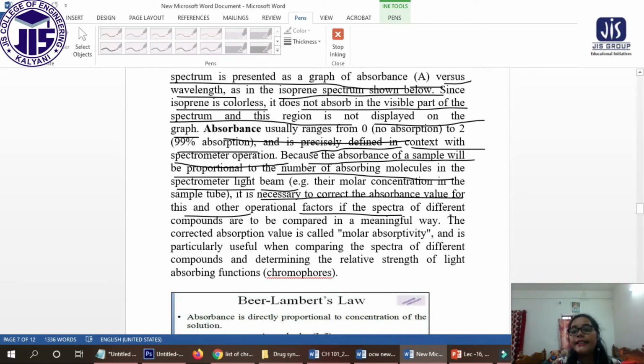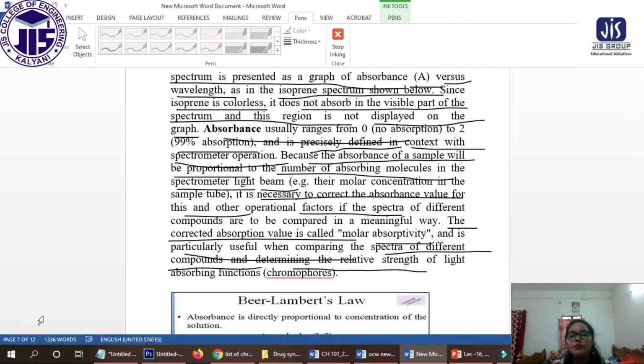The corrected absorption value is called molar absorptivity, and is particularly useful when comparing the spectra of different compounds and determining the relative strength of the light absorbing functions.